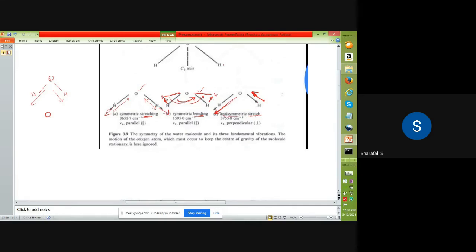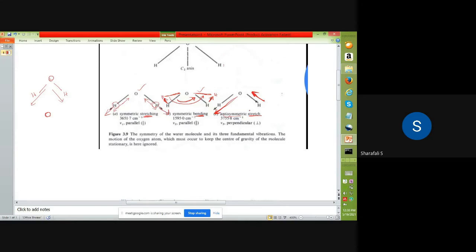If both hydrogens are going away from the oxygen and coming back, meaning coming towards the oxygen at the same time, then it is called symmetric stretching. So if all the atoms are vibrating in the same mode with the same frequency, then it is symmetric.